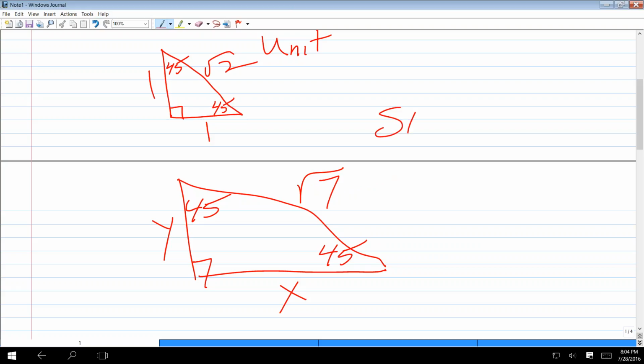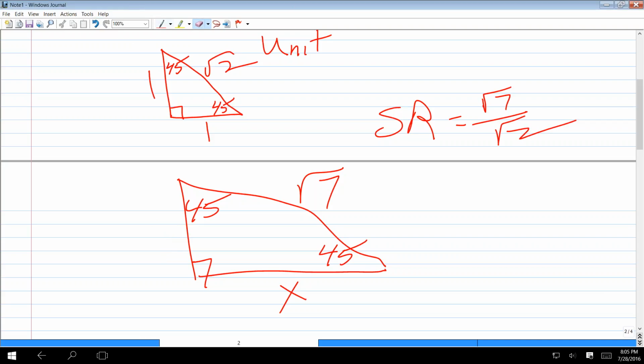It's always the first question. It would be root 7 over root 2. Yeah, that's what I meant. So what's y? y would be root 7 over root 2. What's x? X would be root 7 over root 2.